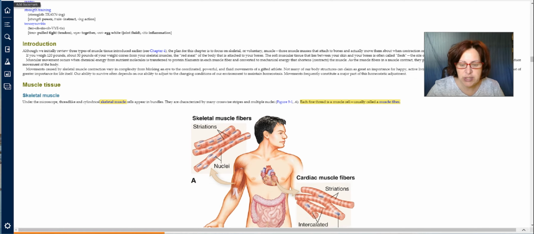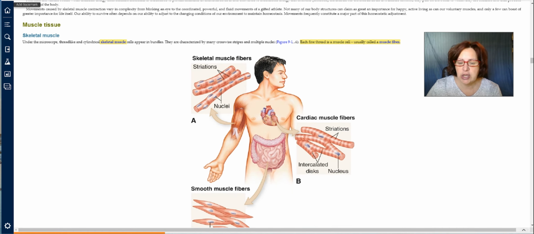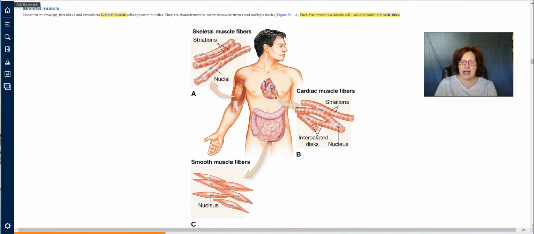So first I want to talk about the look of muscles. And there are our three kinds of muscles we have in our body. We have the skeletal muscles, we have the cardiac muscles, and then we have the smooth muscle. If you look at those three pictures, there are definitely some differences in how they look.